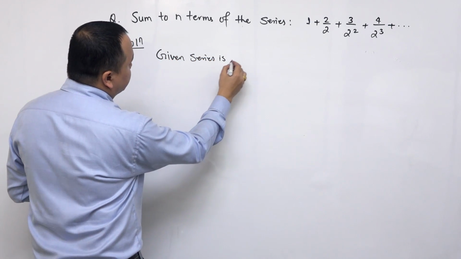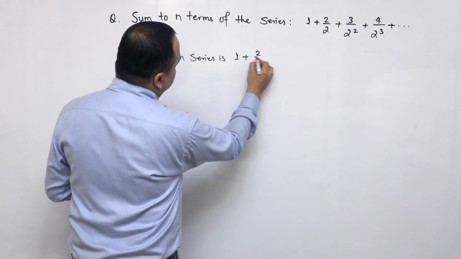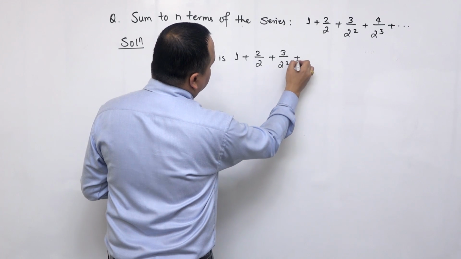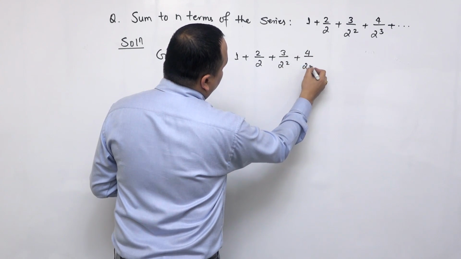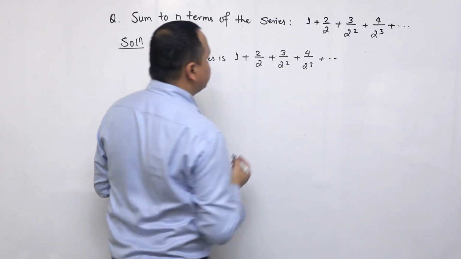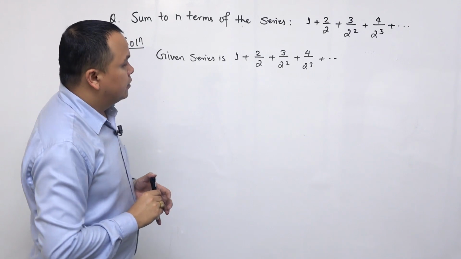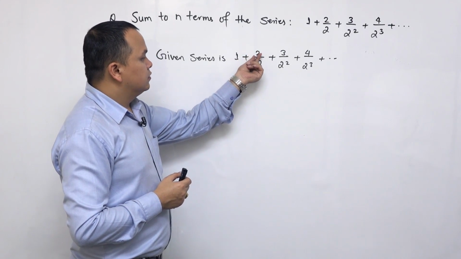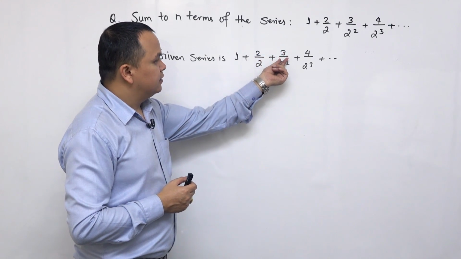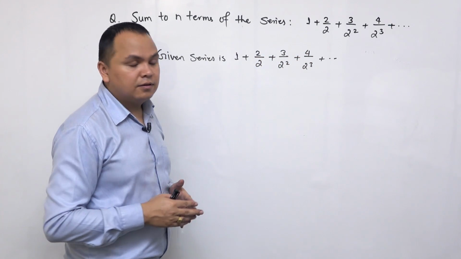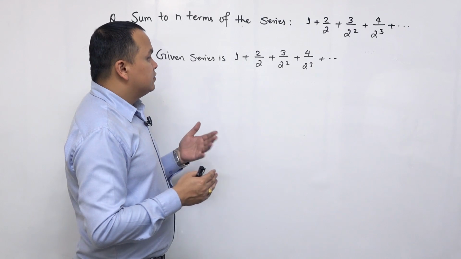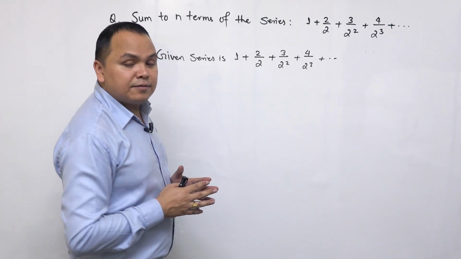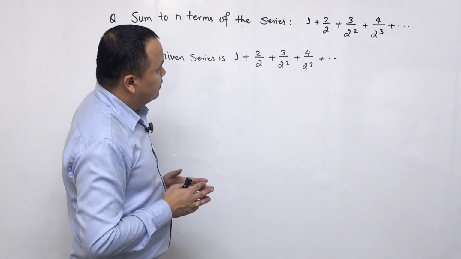Given series is 1 plus 2 by 2, 3 by 2 square, 4 by 2 cube plus dot dot dot. Here, if we take 1, 2, 3, 4 and so on, then we get one series which is AP.